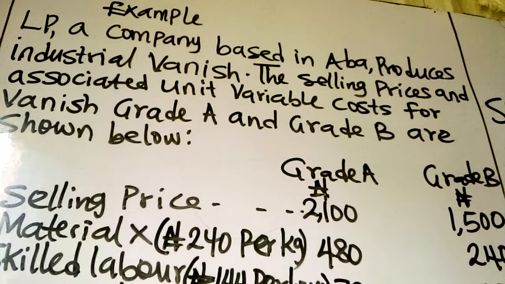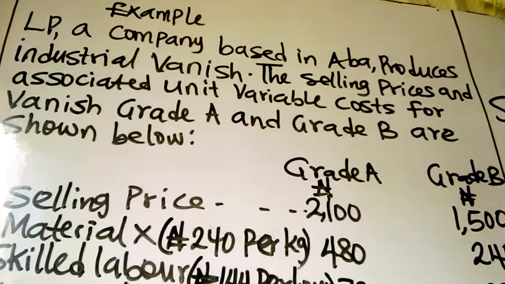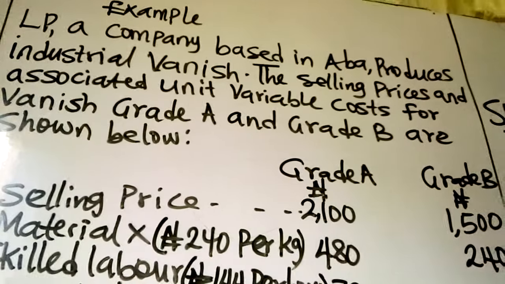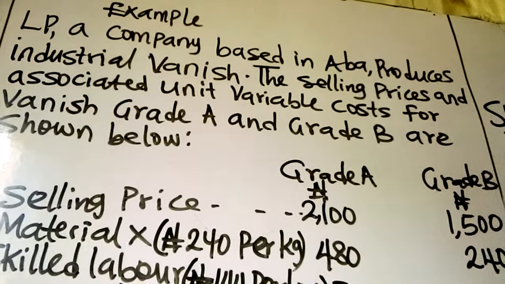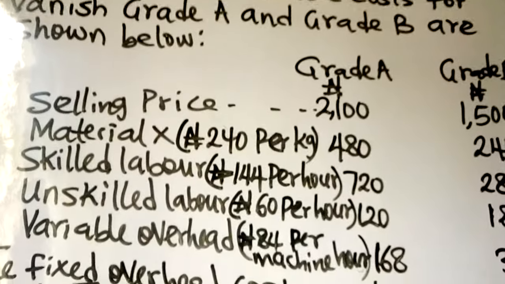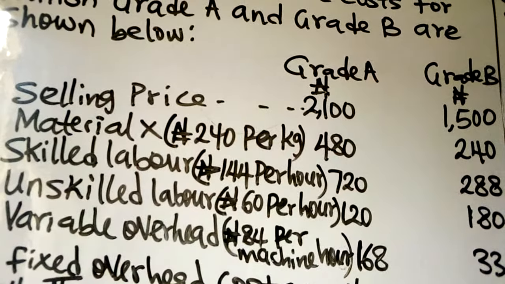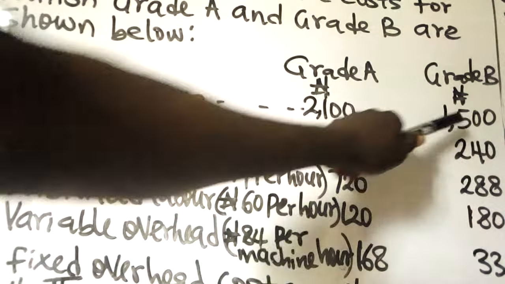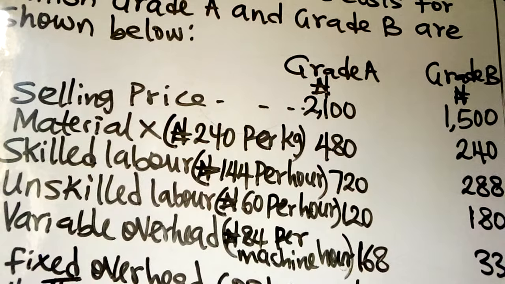The selling prices and associated unit variable costs for varnish grade A and grade B are shown below. You are given grade A and grade B. You have the selling price: for grade A, we have 2,100 and grade B 1,500.